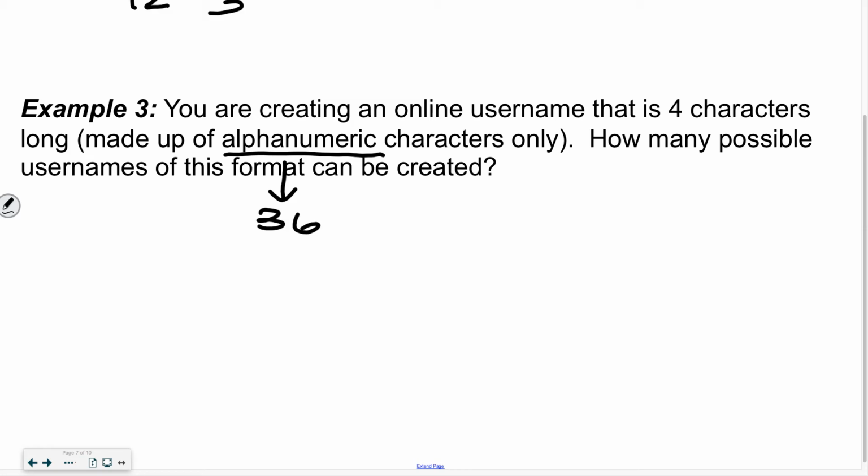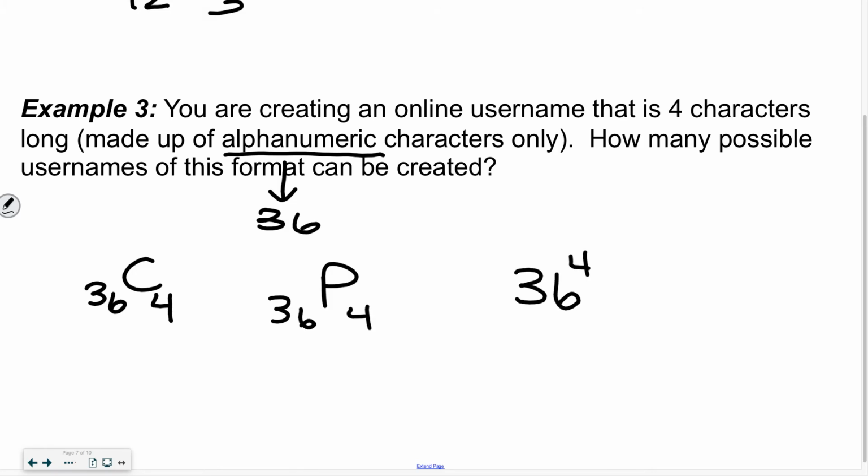Okay, I see some different versions out there. I see combinations of 36, choose 4. I see permutations of 36, choose 4. And I see 36 to the 4th. Are there any others that you want me to put up there?